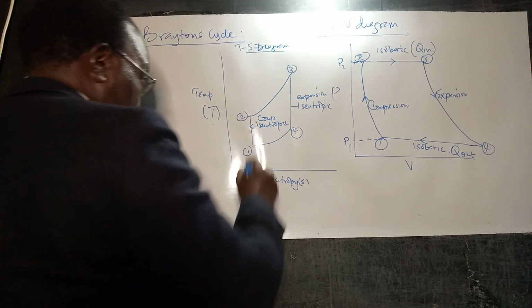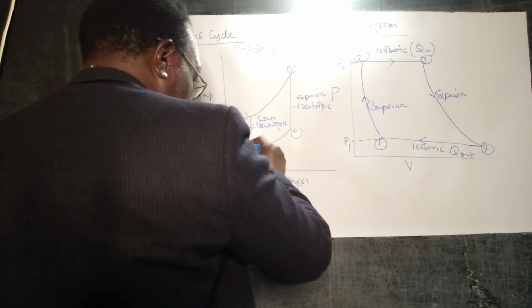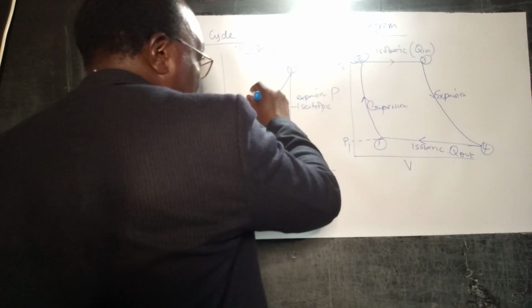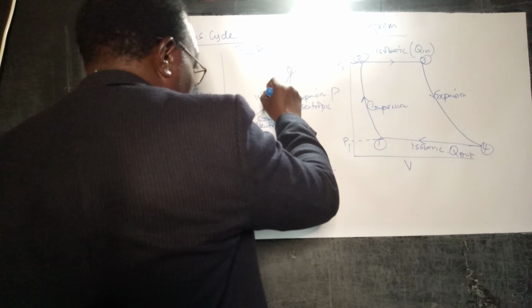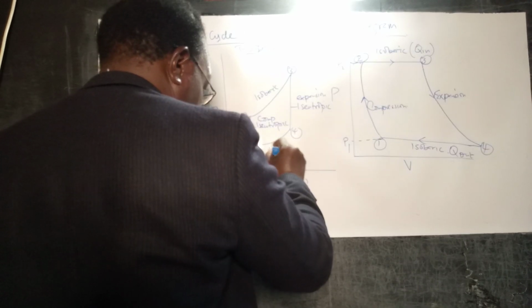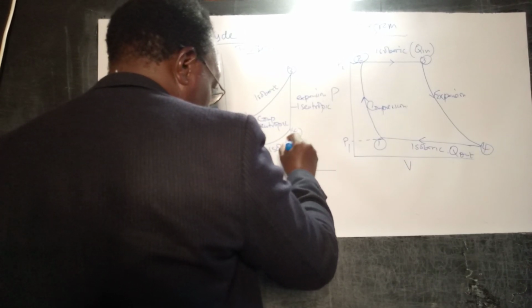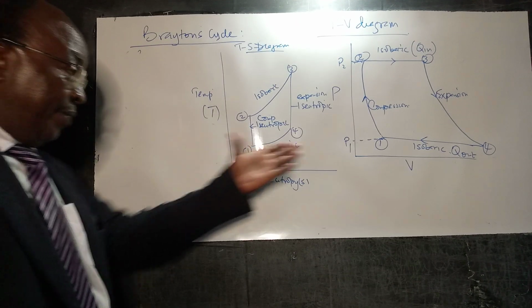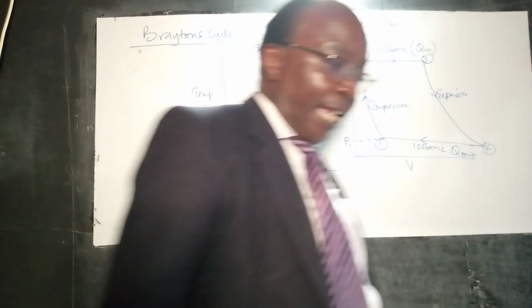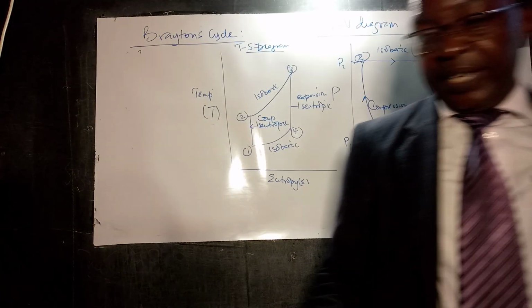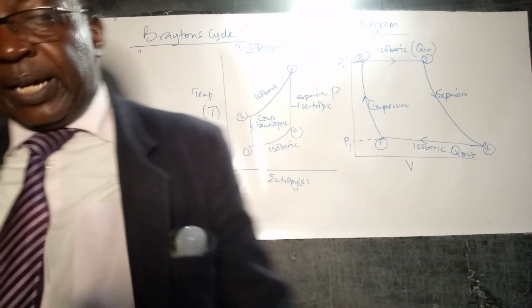And these steps 2 to 3 and 4 to 1 are all isobaric.